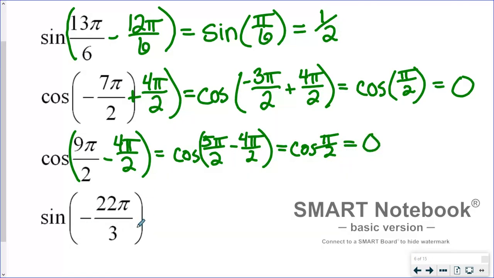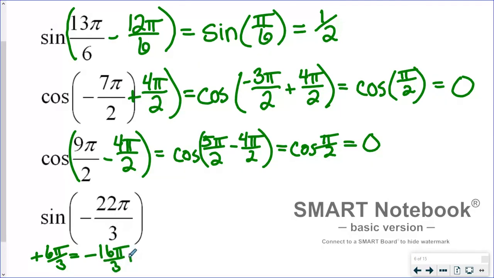Negative 22 pi over 3 is really large, negative-wise. So we're going to be adding 2 pi, with a common denominator, 6 pi over 3. If I add 6 pi over 3, I get negative 16 pi over 3.